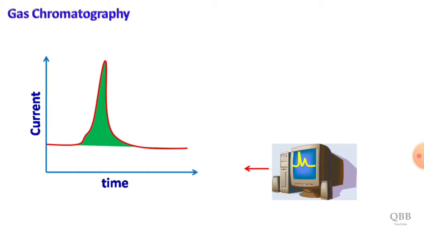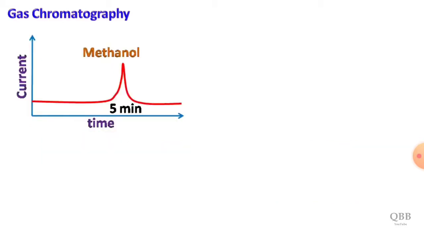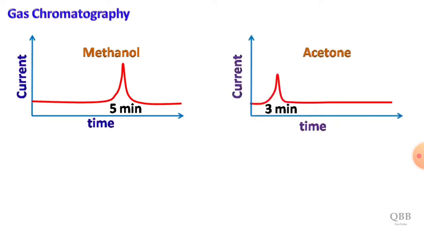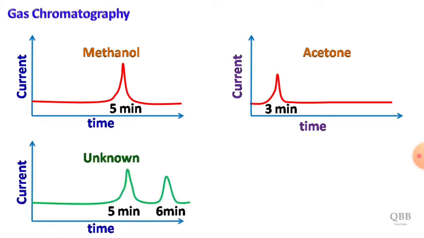Now for the detection of an unknown sample, we need to have standards. For example, suppose methanol is our sample and the peak of methanol is obtained at 5 minutes, and next acetone is our sample and the peak of acetone is obtained at 3 minutes.